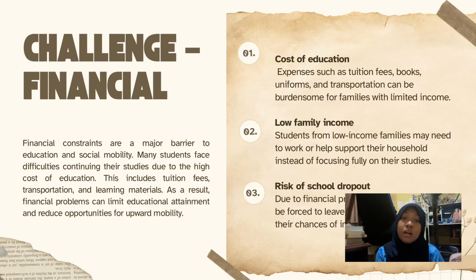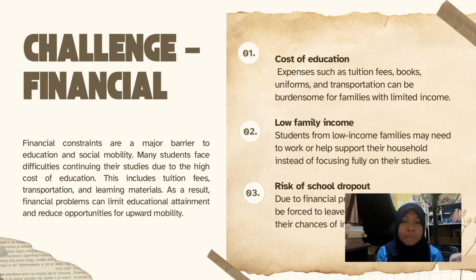But the first one is the cost of education. So expenses such as tuition fees, books, uniforms, and transportation can be burdensome for families with limited income.